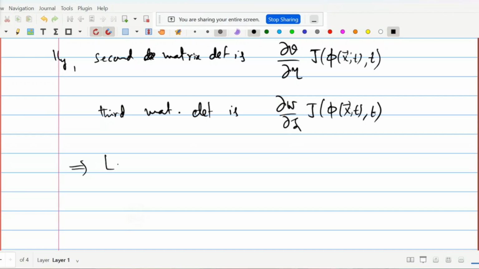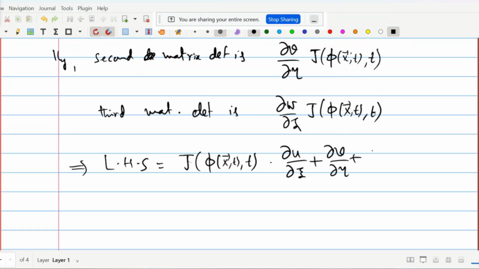So when you write all this, you have to put these things there. This implies the LHS equals J, which is common, J comes out: phi of x(t), t into ∂u/∂ξ plus ∂v/∂η plus ∂w/∂ζ. Okay.